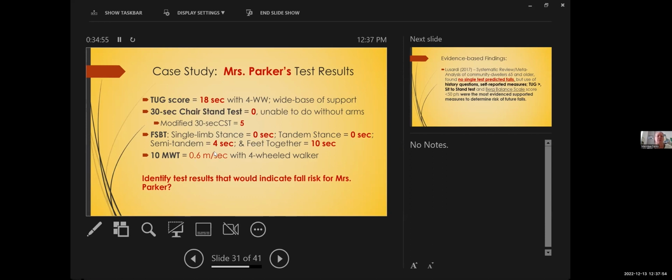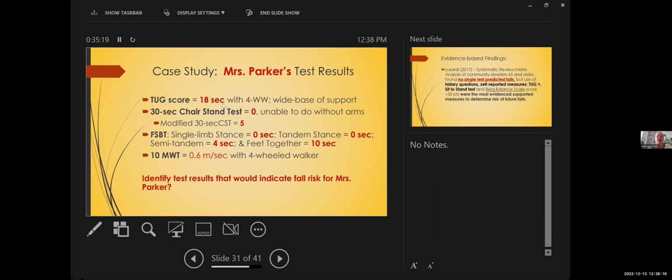With her 10-meter walk test, she walked at 0.6 meters per second. People that walk under 0.7 are at a higher risk of falls and have decreased mobility. Some people will even say under 1.0 meters per second to identify the person at a higher risk of falling.